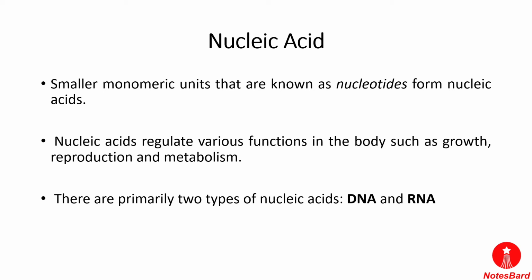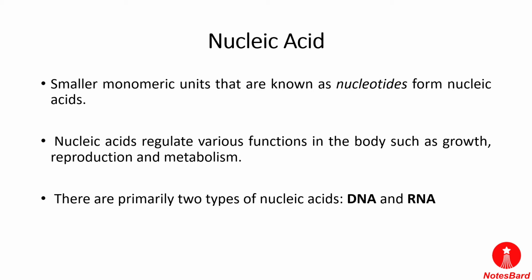The two types here are DNA and RNA. DNA will be responsible for heredity. The full form of DNA is deoxyribonucleic acid, and for RNA it is ribonucleic acid.